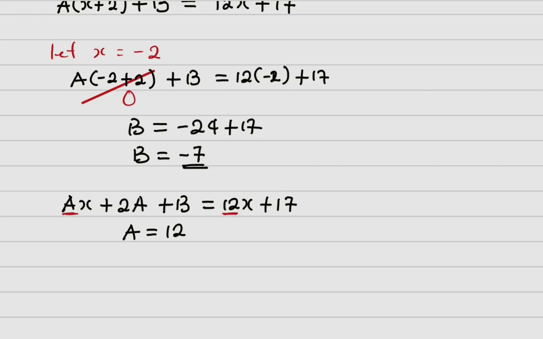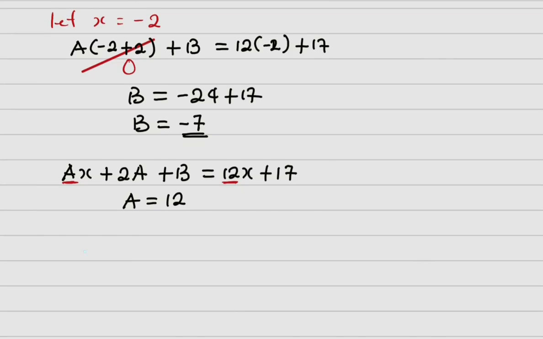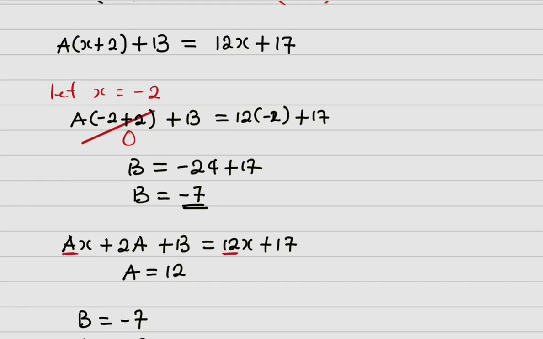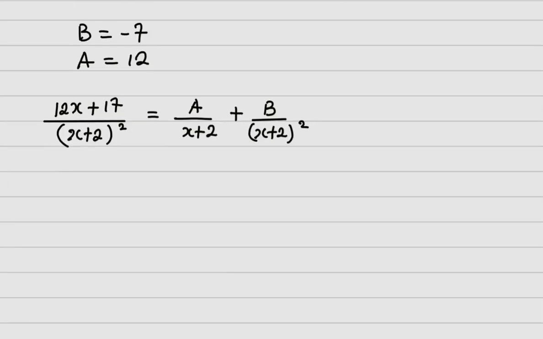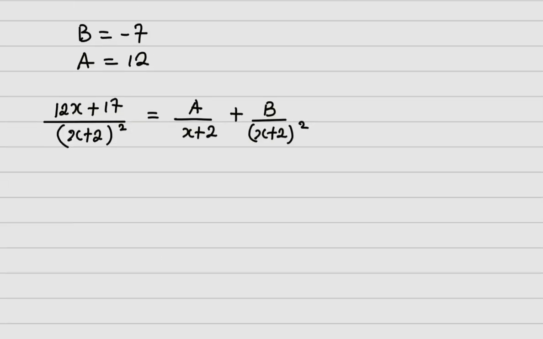So I have my a equals 12. So I have my two values, b equals minus 7 and a equals 12. Then I'll take it back to our expression and replace my a and b. So this will be now 12 all over x plus 2, then minus 7 all over x plus 2 all squared.